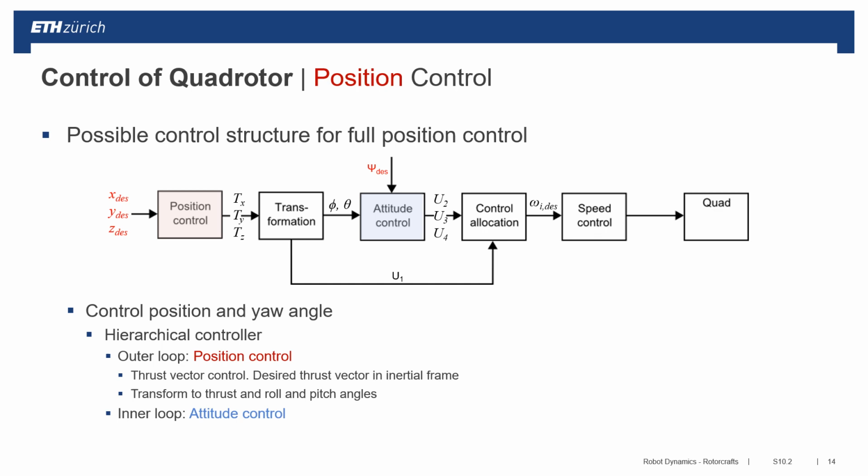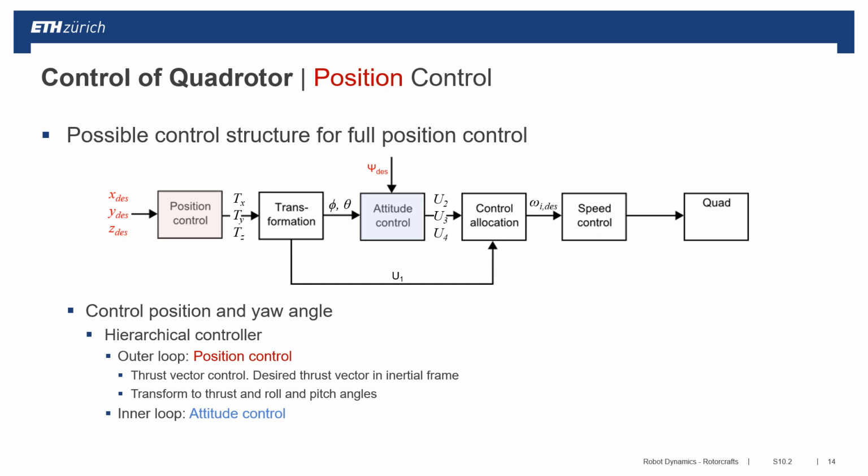and Z. Through a transformation, you can then transform these thrust forces into the body frame of the quadrotor, and this gives you the virtual control input U1, and in parallel it gives you the desired roll and pitch angle. Additionally, you have another input which is the desired yaw angle, which actually defines the orientation of the whole system.